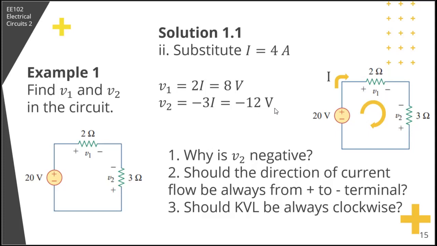Second question: should the direction of current flow always be from the positive to the negative terminal? Answer: yes, because we follow the IEEE convention. The direction of current flow is the direction of the flow of positive charges, which goes from the positive terminal of your source to the negative terminal.